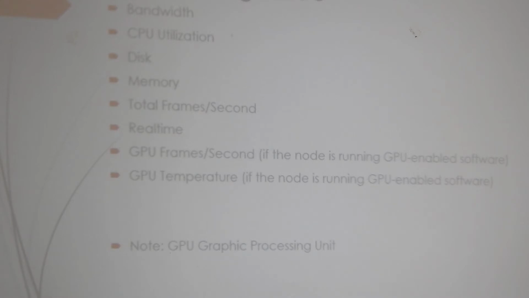In the server, you have to consider the bandwidth, the CPU utilization, the disk space and the memory usage, the total frames per second in real time, the GPU frames per second, and the GPU temperature. GPU means graphics processing unit.